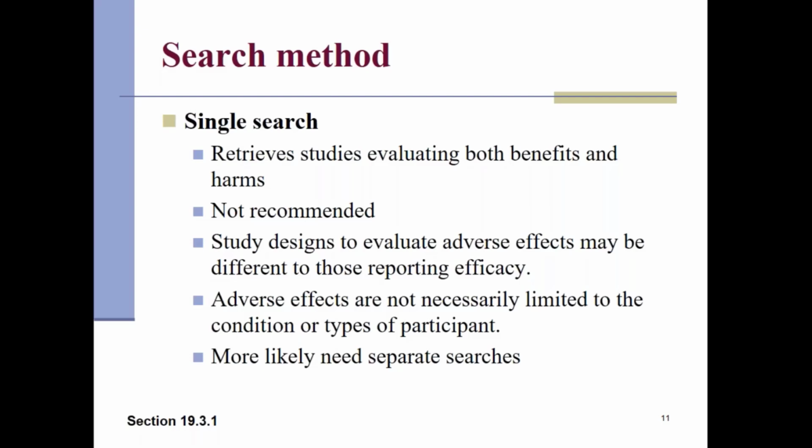Adverse effects are also not necessarily limited to the condition or type of participant. There are lots of drugs, for instance, that are licensed for more than one condition, and the adverse effect can occur independent of which condition it's prescribed for. So you might not want to search for your P element, your participant or population. It's therefore more likely that we'll need separate searches.